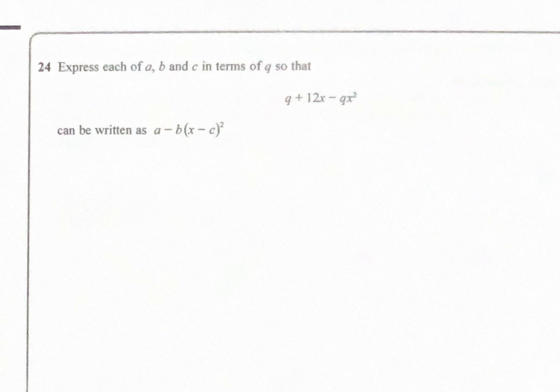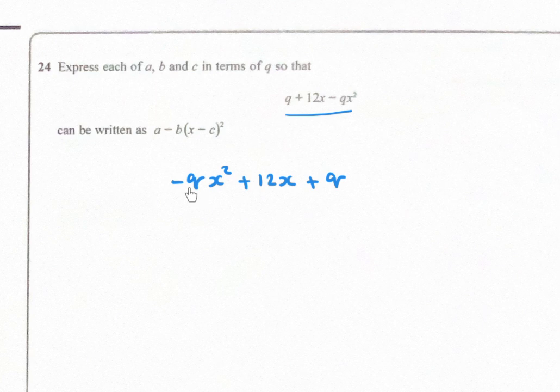24. Express each of A, B, and C in terms of q, so that q plus 12x minus qx squared can be written as A minus B into x minus c all squared. Arrange the quadratic in descending order, so you can write negative qx squared plus 12x plus q.